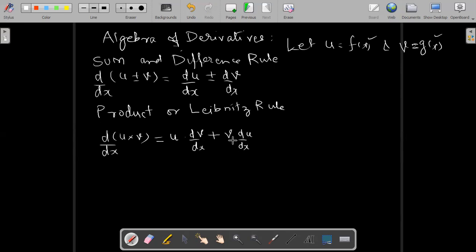Because of the plus, this is a symmetric formula. If you differentiate v first or u first, it doesn't matter.